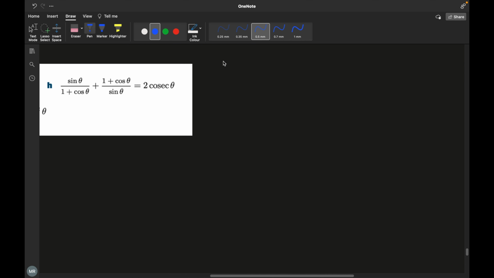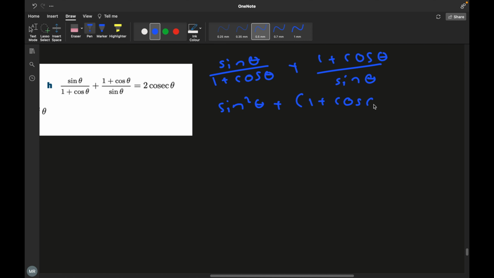We have sine theta by 1 plus cos theta plus 1 plus cos theta by sine theta. This is the LHS. Now we'll multiply this by sine theta by sine theta. So we get sine squared theta plus (1 plus cos theta) whole squared divided by sine theta into (1 plus cos theta). Let's simplify this.